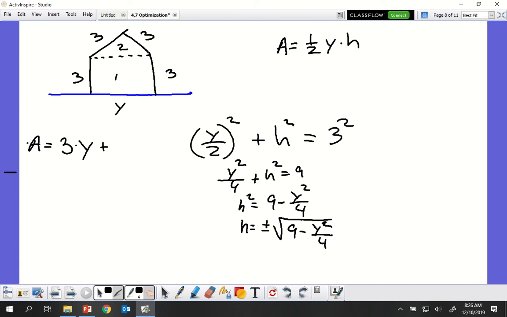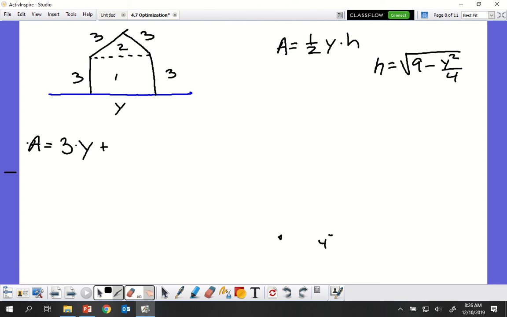So now I'm going to replace it, h is equal to the square root of 9 minus y squared over 4. Let's plug in now.